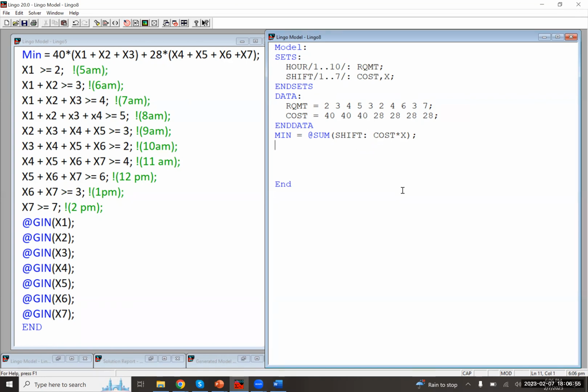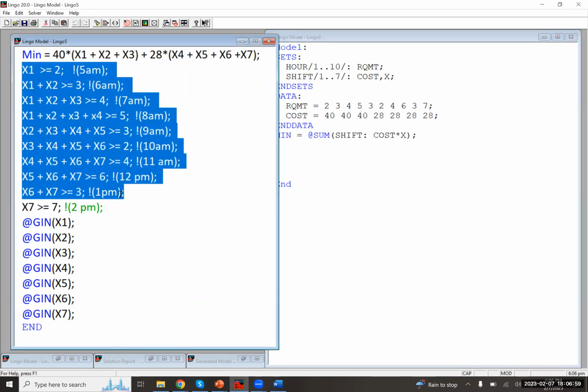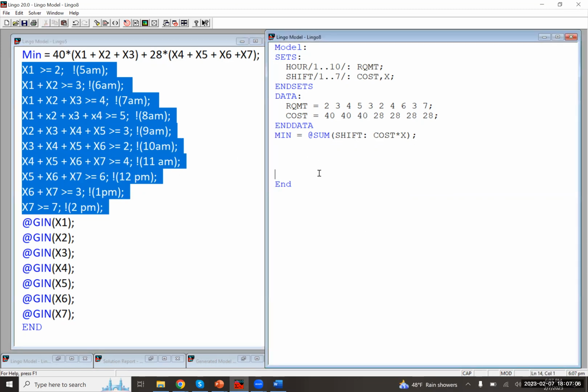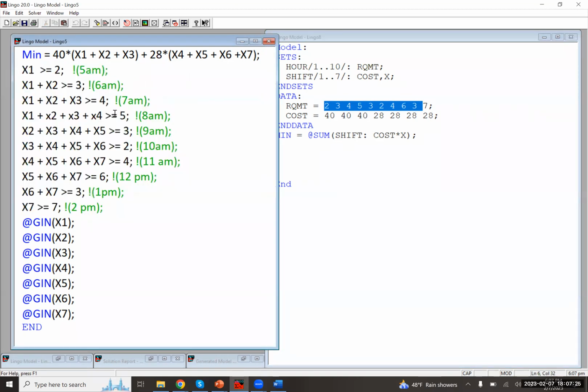Next, for each of these 10 hours, we need to create the constraint that ensures the total number of employees working that hour has to be at least as large as the hour's requirement, which are these values, right?